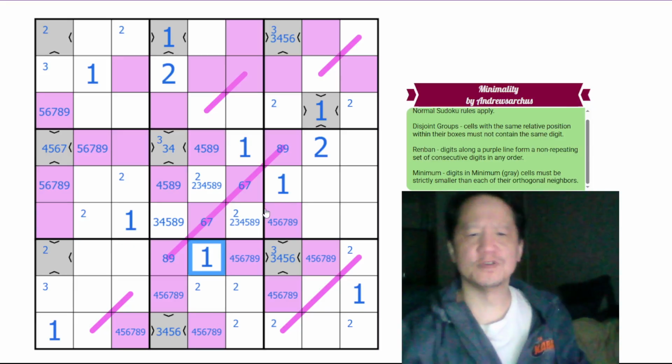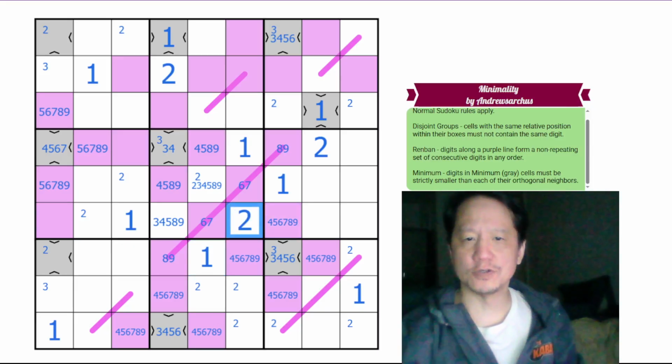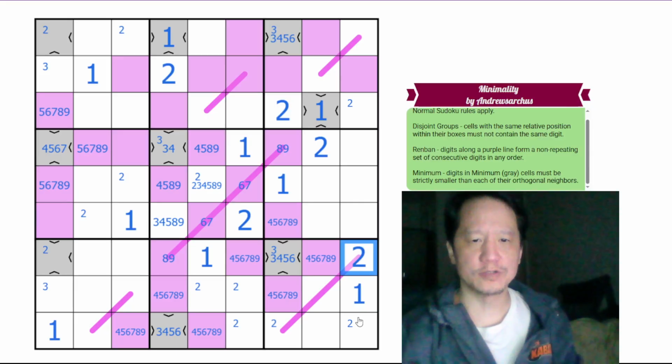What happens if this is 2? So say this was 2. That would eliminate 2 from being here, so that would force that to be 2. None of these could be 2, so this would be 2 here. That would force a 2 here, so this couldn't be 2 anymore. That would force 2 to be there.